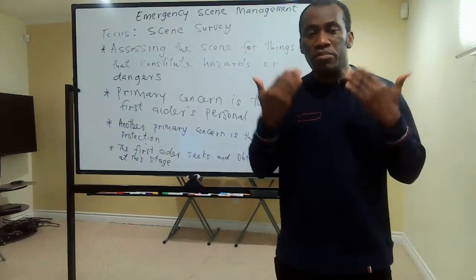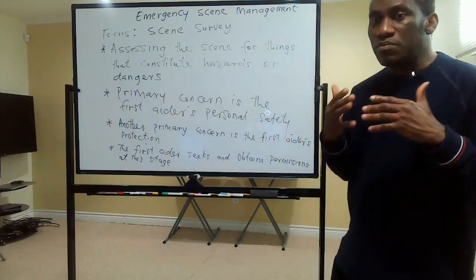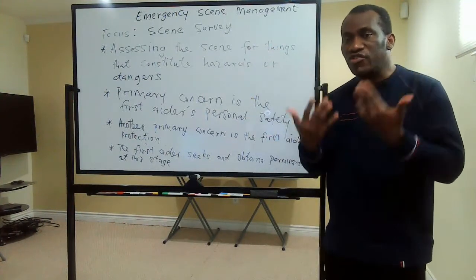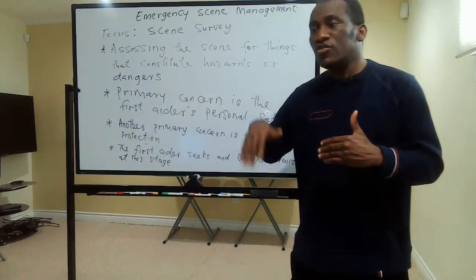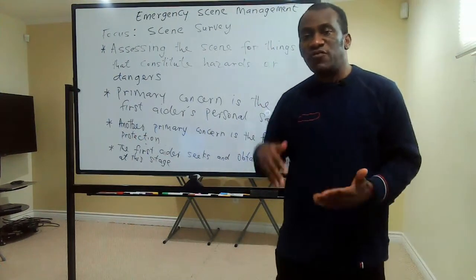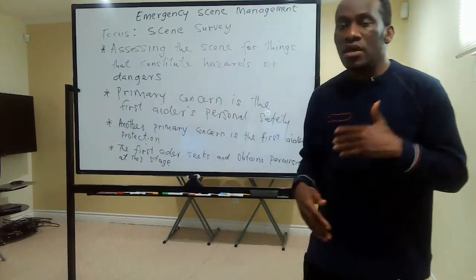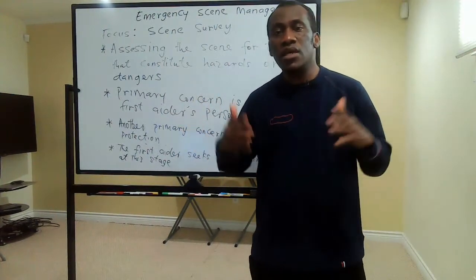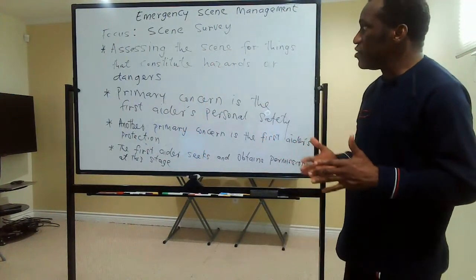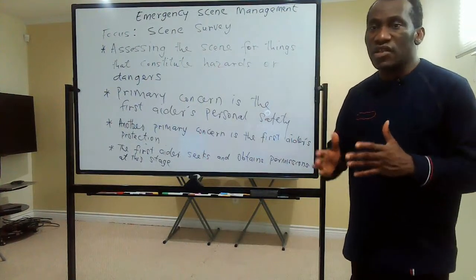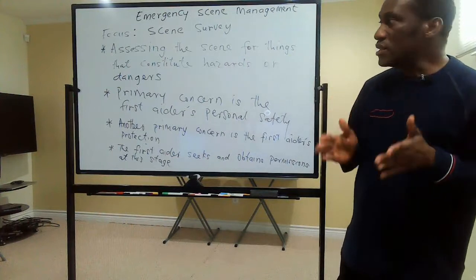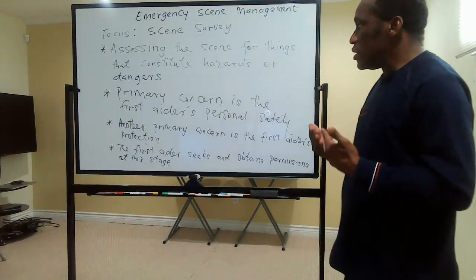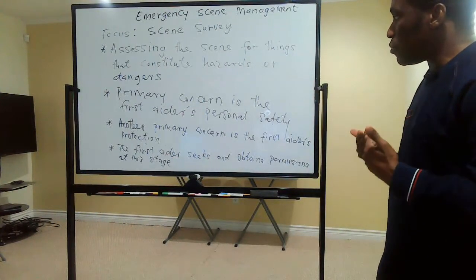When you use a pocket mask when you do CPR, or a face shield, anything that creates a barrier so that the disease will not transmit from point A to B, point C to D, that is a protective measure. It is at this stage that you assess the need for protection.